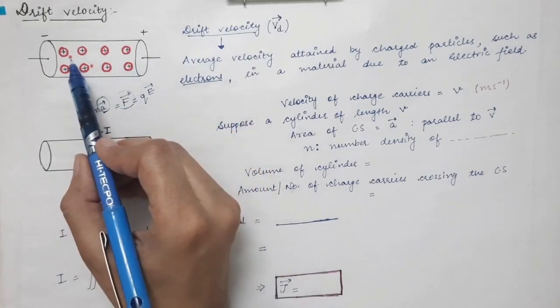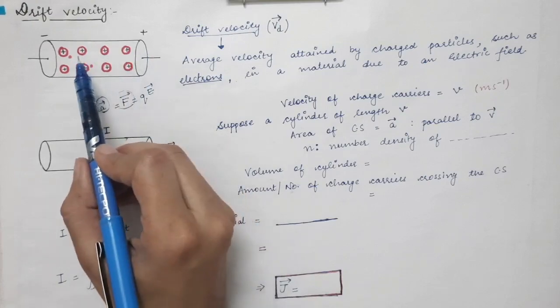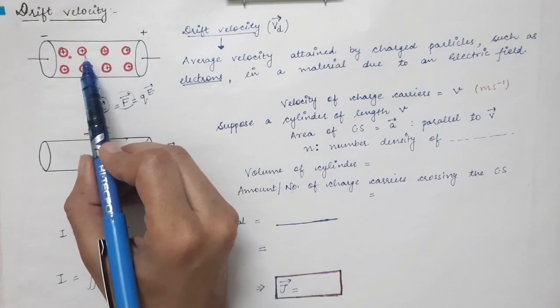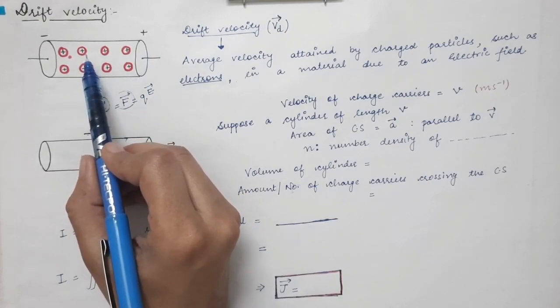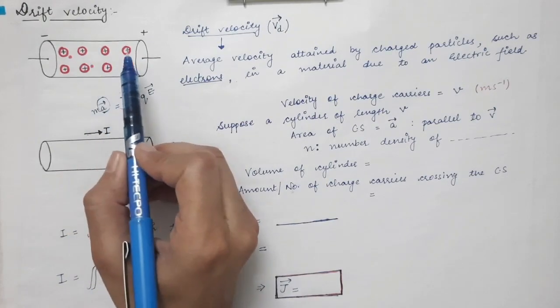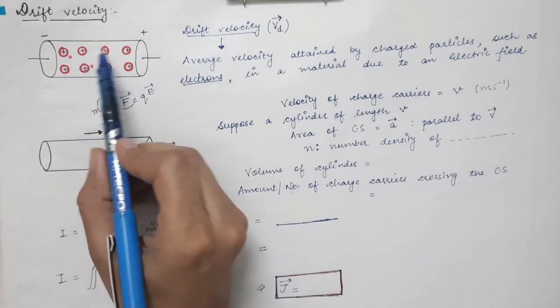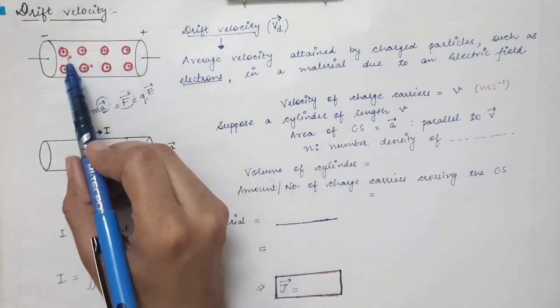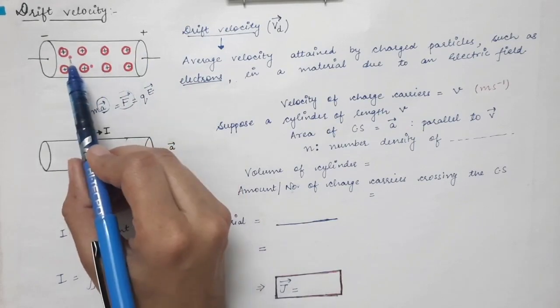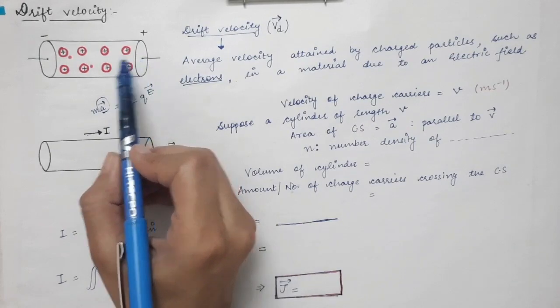So when this electron starts moving towards the positive terminal, then in its path it will encounter some positive ions. Obviously it will encounter them, as there is a large amount of positive ions present. So there will not be a smooth path.